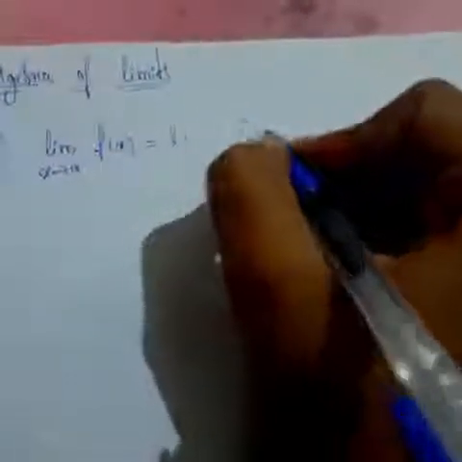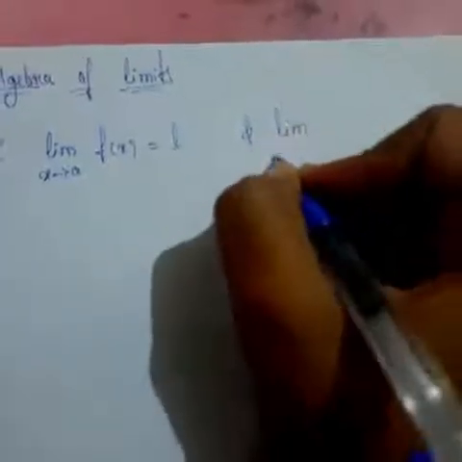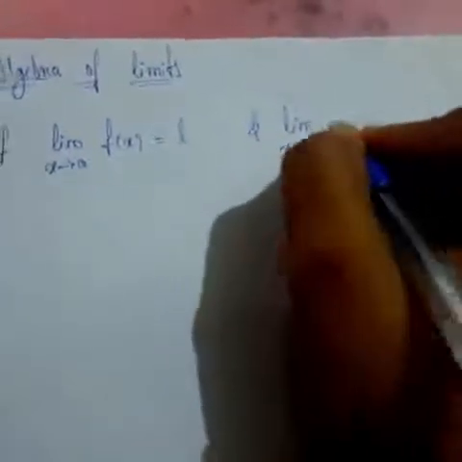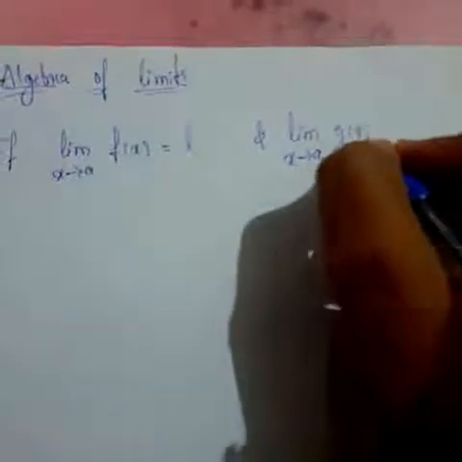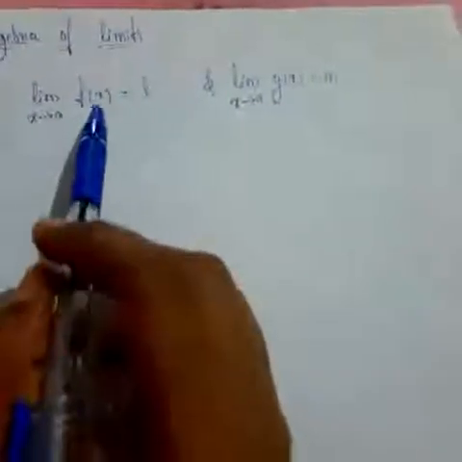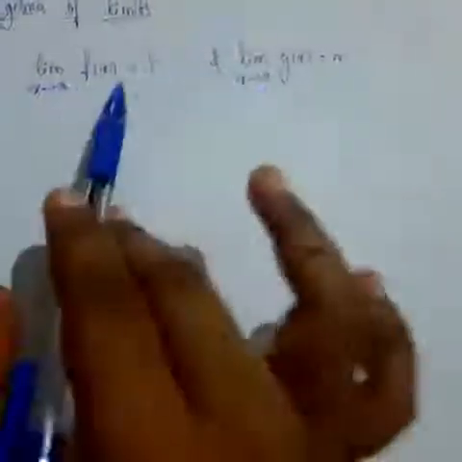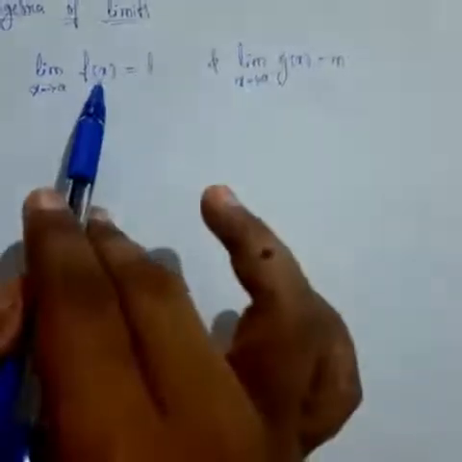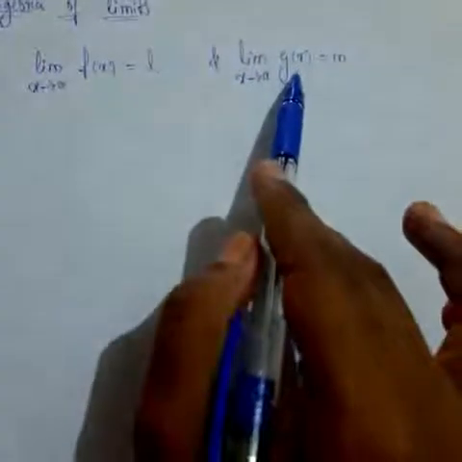The next, limit as x tends to a of g of x is equal to m. So we have two limits. One function is f of x, another function is g of x.